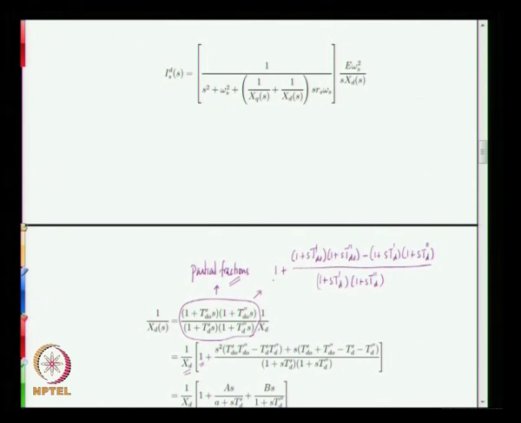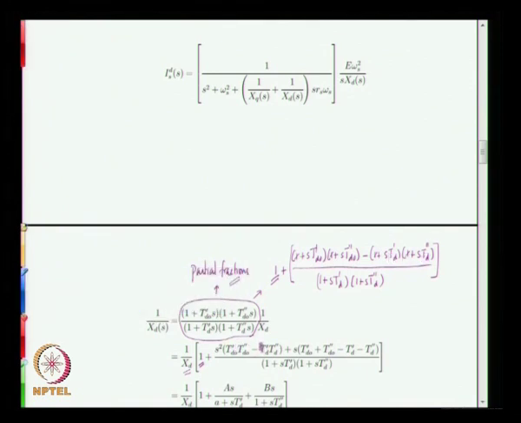So now this one is what we have represented here, and if you look at whatever is there within this expression, if you multiply the first two terms, this product of 1 is cancelled with the product of this one. So all we will be left with is a square term and the s term in the numerator, and the square term is T'do multiplied by T''do minus T'd into T''d.